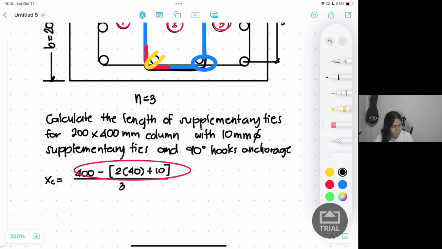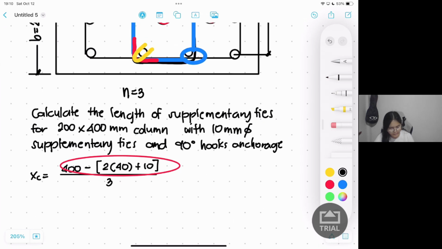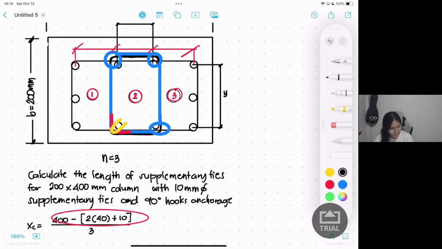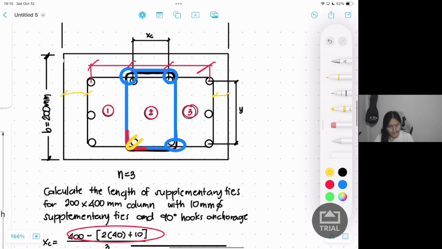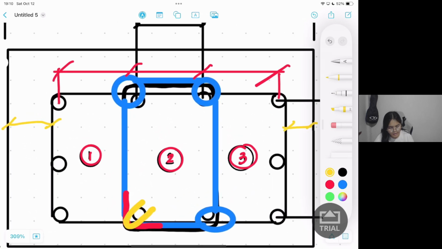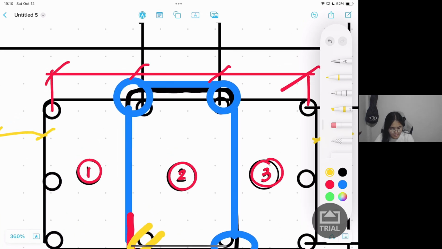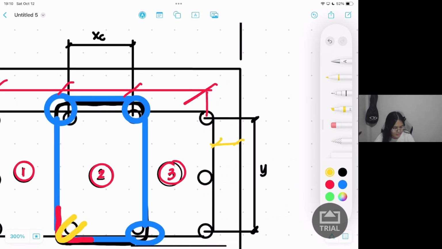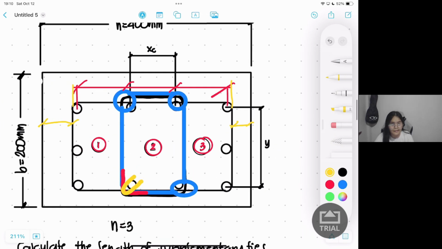According dito sa book, yung source namin, 2 times concrete cover. So, binawas niya itong 2 concrete cover. Tapos, isang diameter ng RSB. So, actually, sa book, ang na-take consider niya lang ay yung hanggang dito sa middle center line ng stirrup natin.